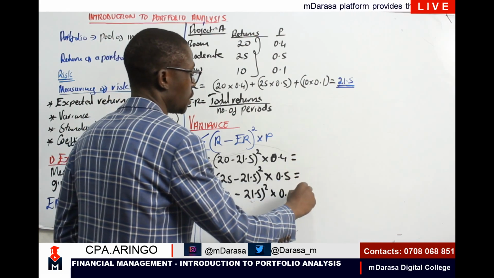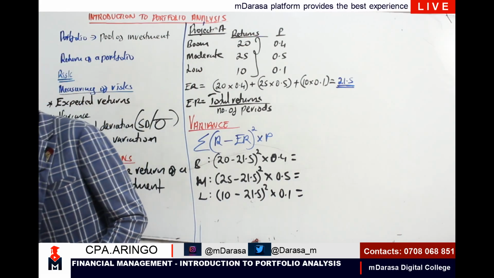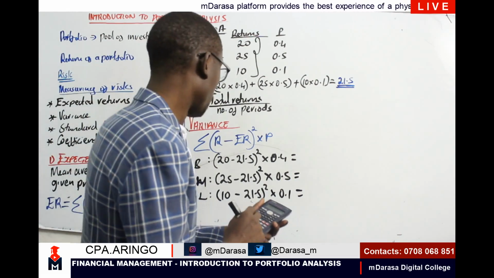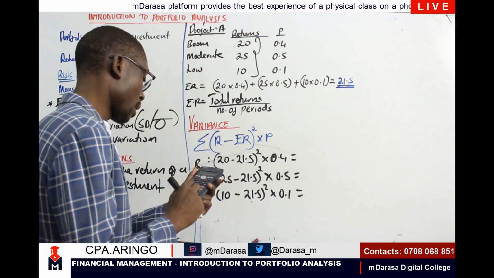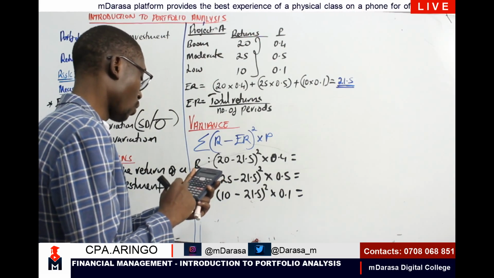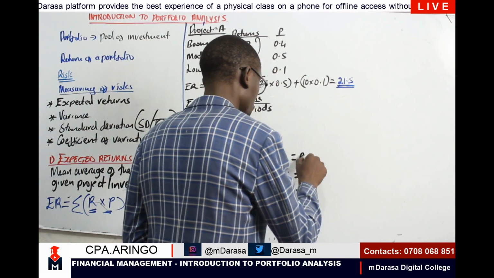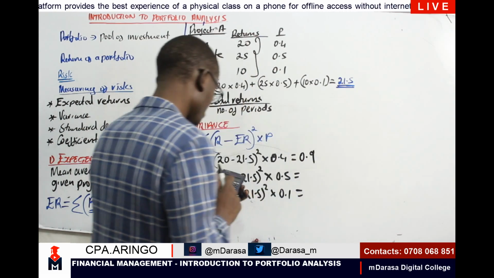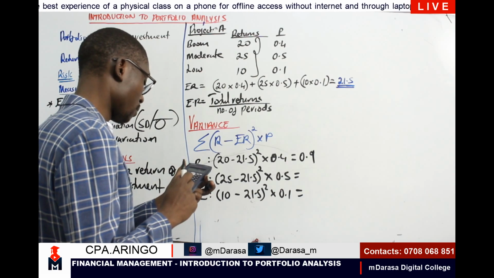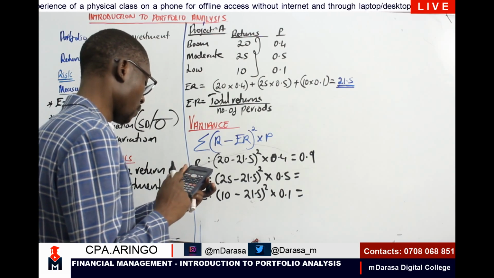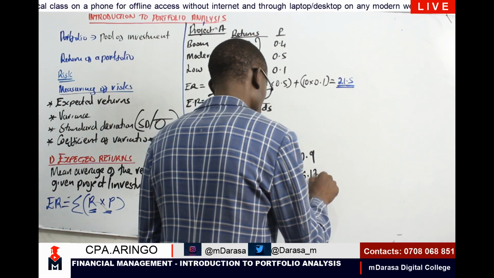So at the end of the day, my good students, what will we be having as our summation of that? The first one, 20 minus 21.5, we square that one, times 0.4, I'm getting a figure of 0.9. 25 minus 21.5, we square that one, times 0.5, I'm getting 6.125.